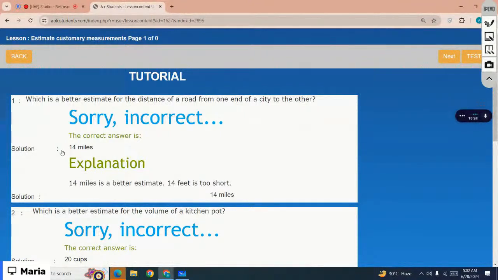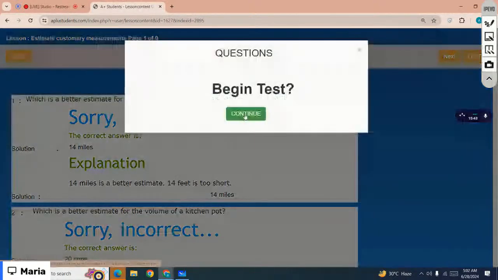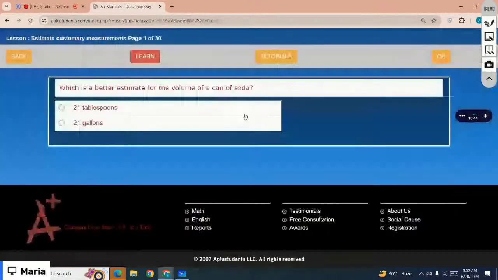Okay, let's just start with the test questions because here you are not given the options. Which is a better estimate for the volume of a can of soda? 21 tablespoons or 21 gallons, which is the correct option?